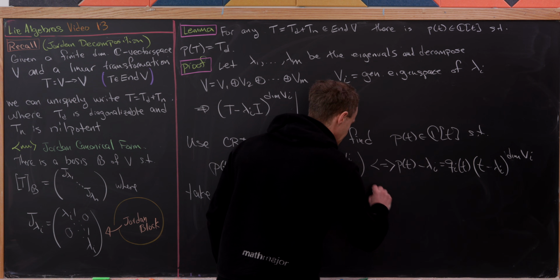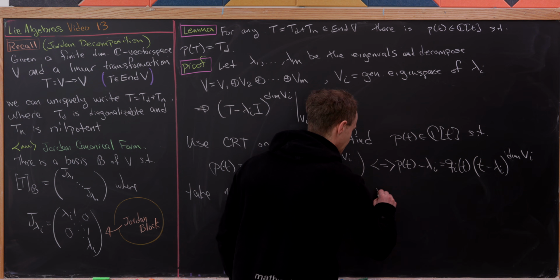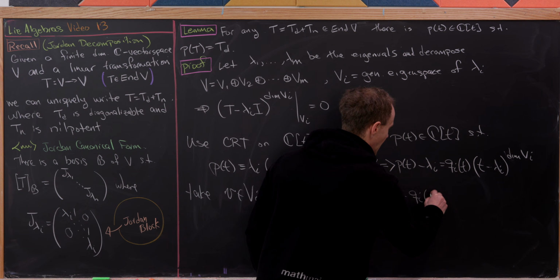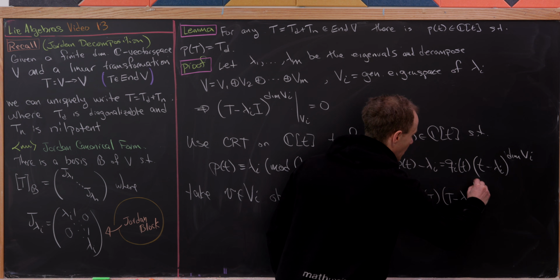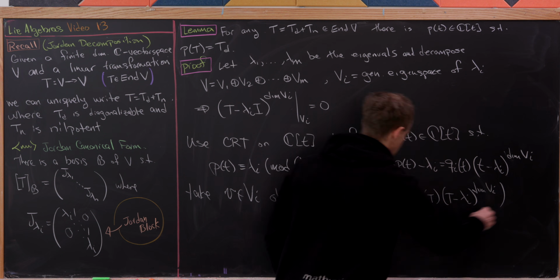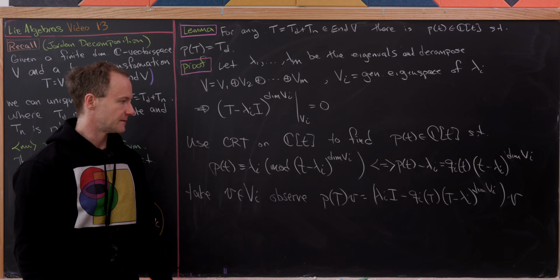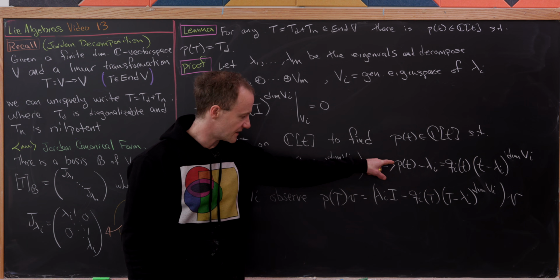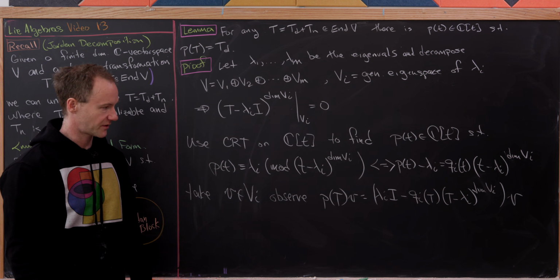We're going to get lambda I times the identity matrix minus Qi of t times t minus lambda I, all raised to the dimension of Vi, and this is all multiplying into v. Simply what I did here is I solved this equation for P of t, and that's what I replaced this P of t with.